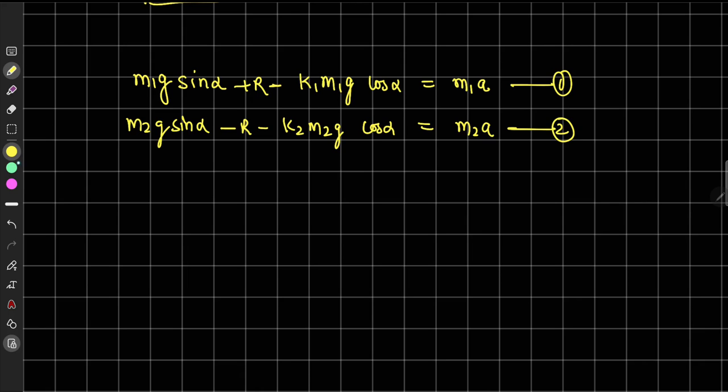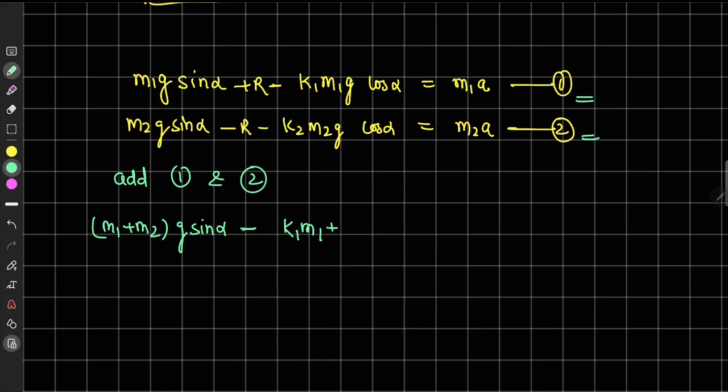So from these two equations, first we can eliminate R. Let us add equations 1 and 2. So from here we will get (m1 + m2) g sin alpha − (k1 m1 + k2 m2) g cos alpha = (m1 + m2) a.